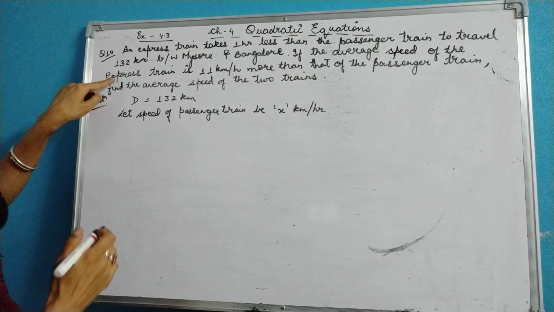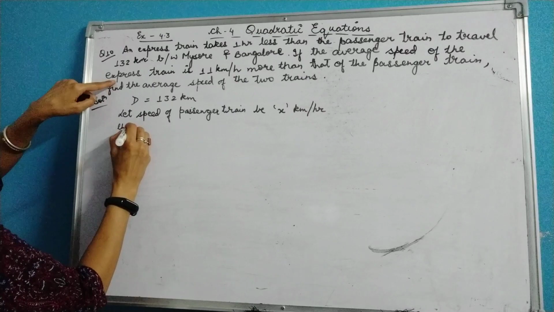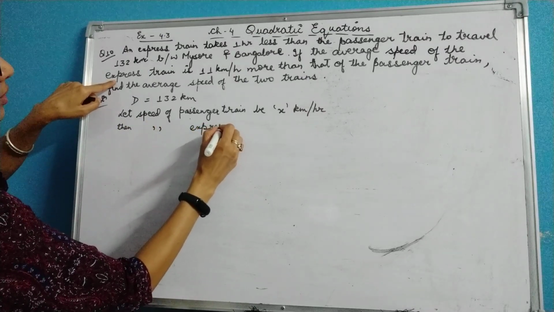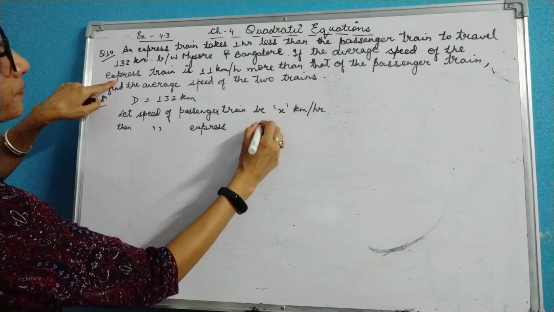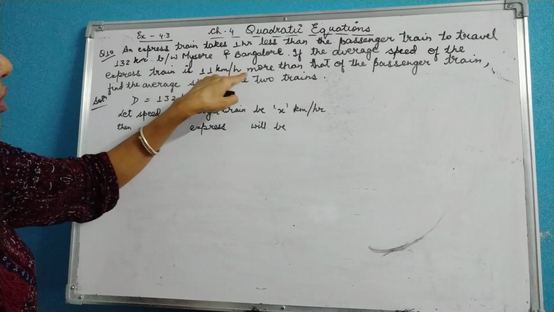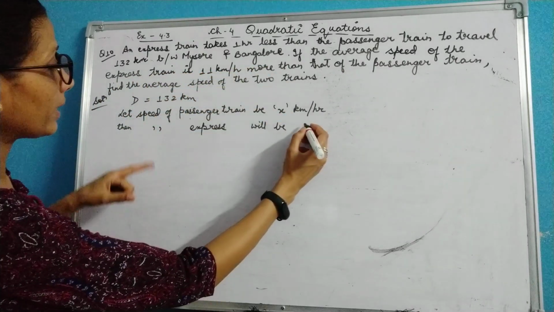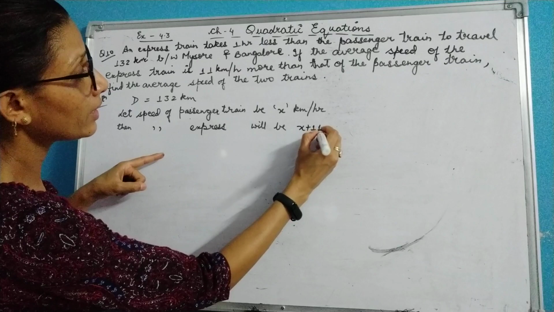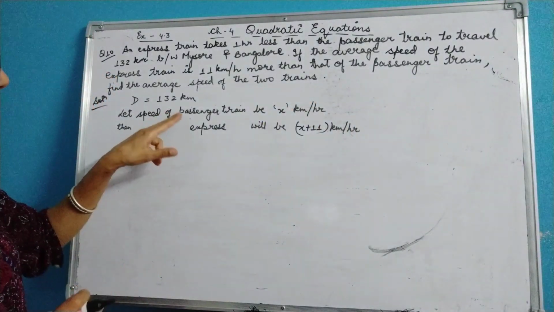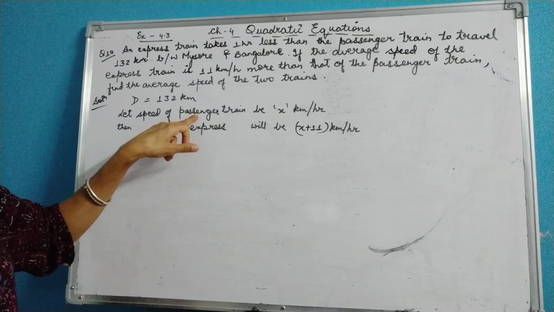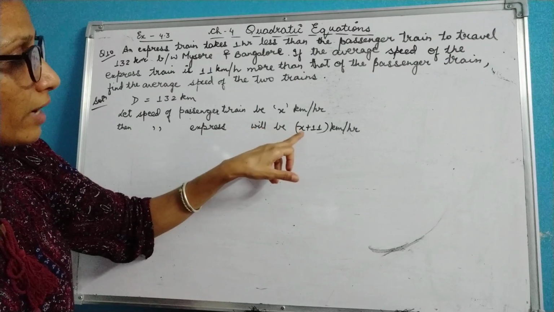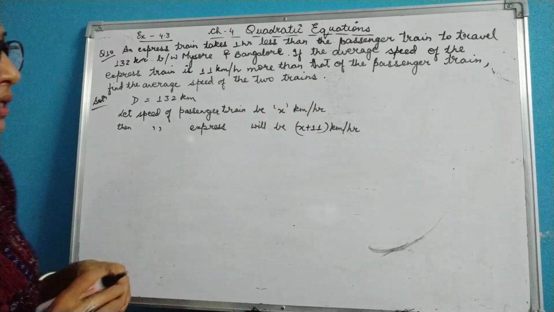Then the speed of the express train will be, it is given express train is 11 kilometers per hour more. That means it is x plus 11 kilometer per hour. If you would have taken express train as x, then for the passenger train it would have been x minus 11 kilometer per hour. One and the same thing.